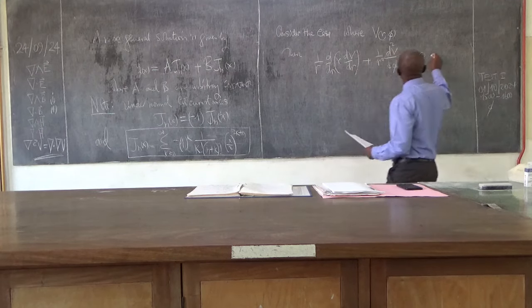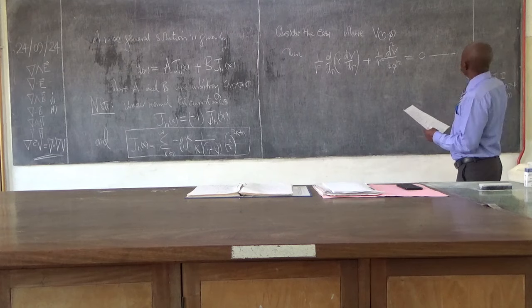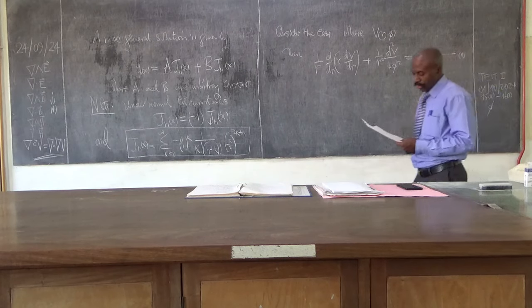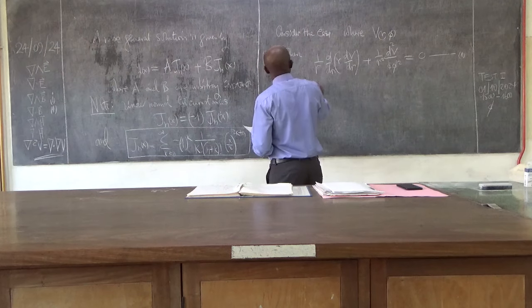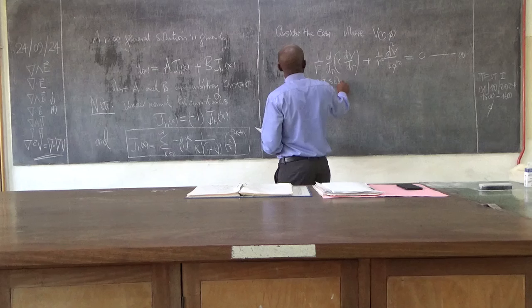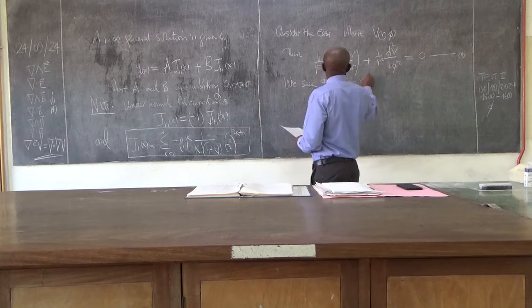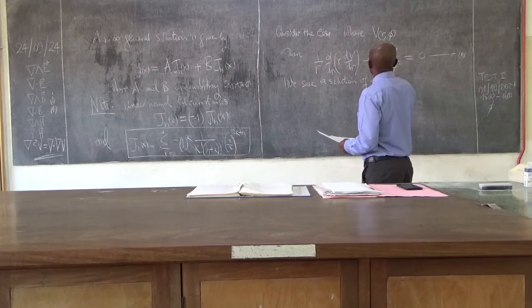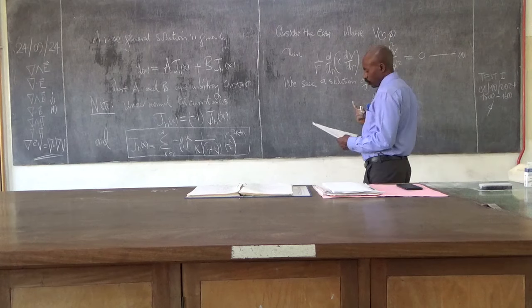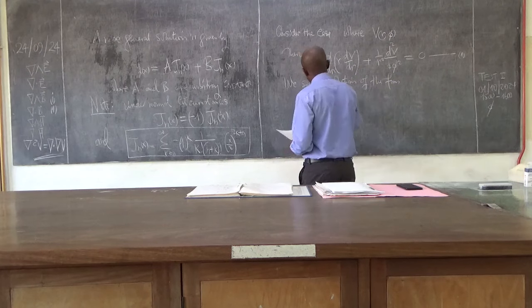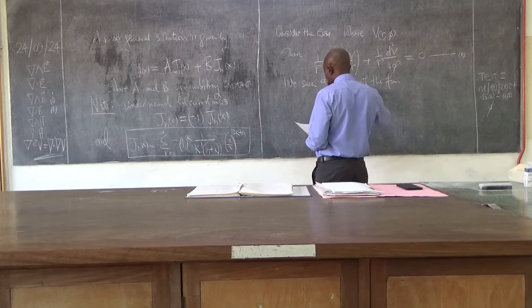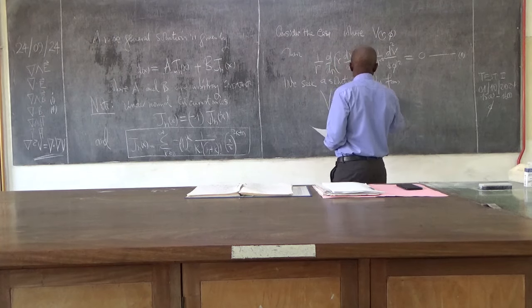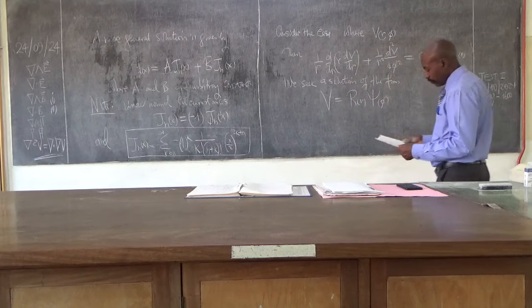If we call this equation 1, then we seek a solution of the form, there are only two, V equal to R(r) times psi(phi).